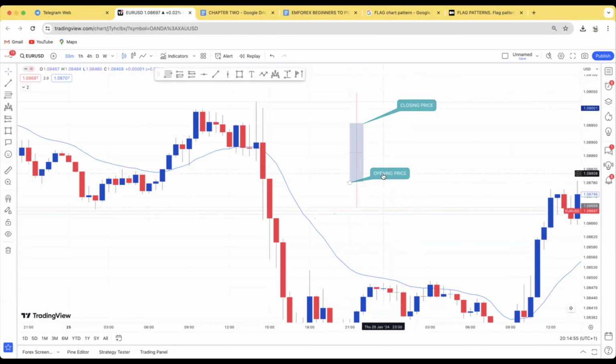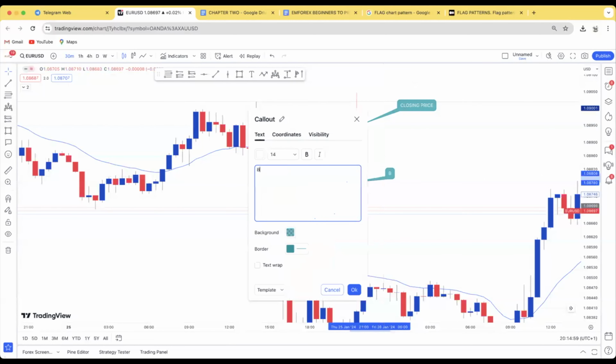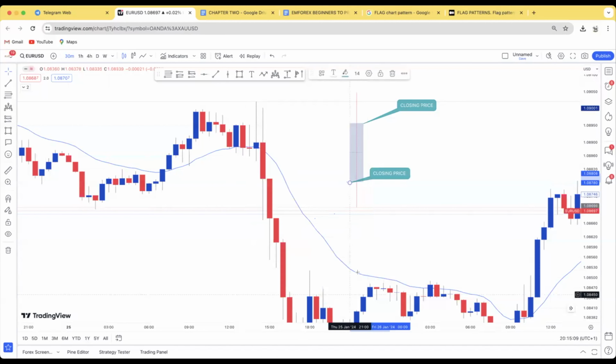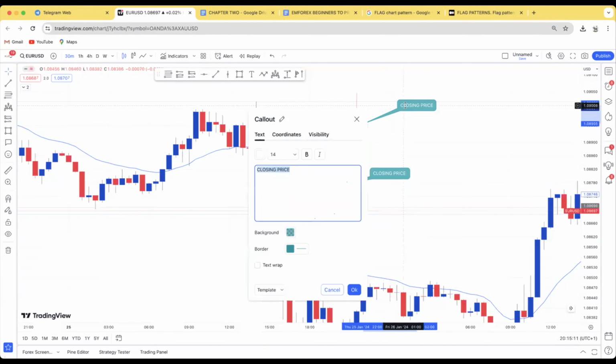All right, let's go. And then for a bearish candlestick, we have the closing price below, and then we have the opening price above.